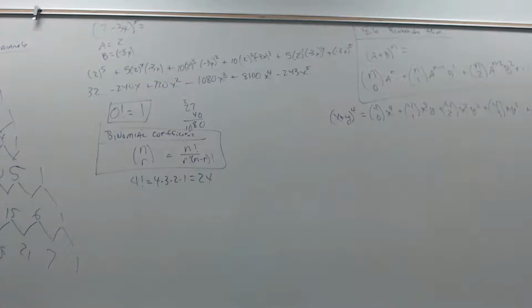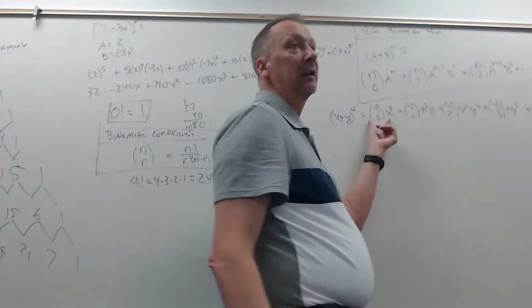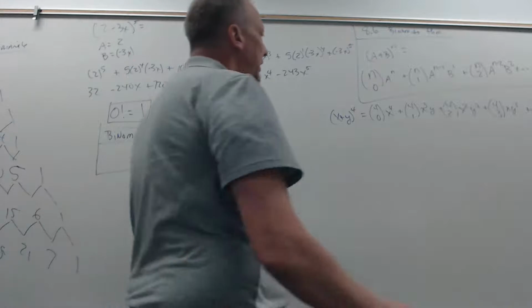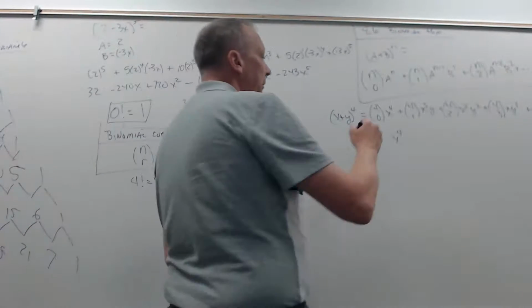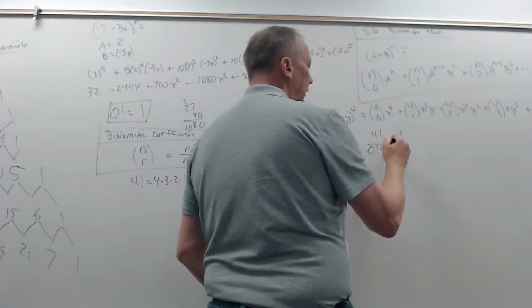So what is the n choose r out? That's what we're going to do right now. We're going back to this definition. The coefficient of your x to the 4th term is going to be 4 factorial over 0 factorial 4 factorial.